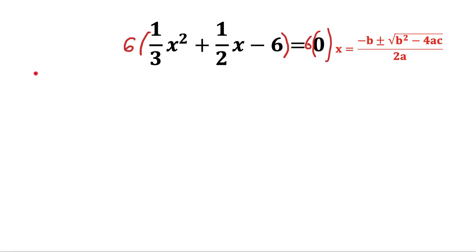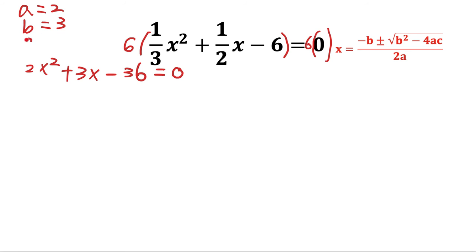On the left side, we would have 2x squared plus 3x minus 36, equal to 6 times 0, which is still 0. So now a is actually 2, b is 3, and c is negative 36.